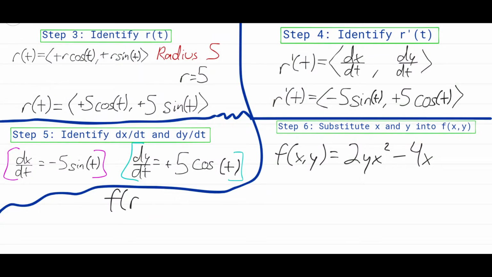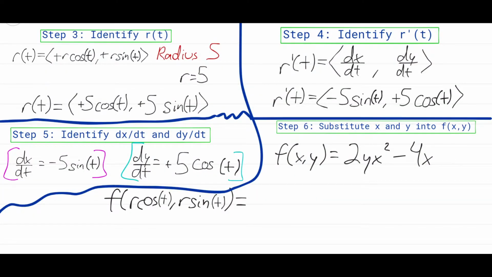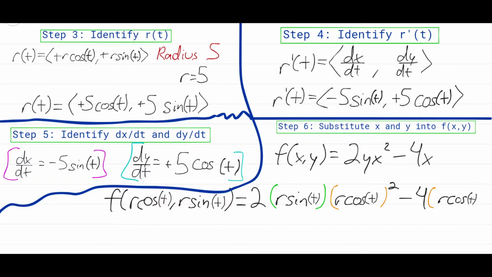For x, we substitute r cosine t, and for y, we substitute r sine of t. So we plug in r sine t where we see y and r cosine t where we see x, giving 2 r sine t times r cosine t squared minus 4 r cosine t.